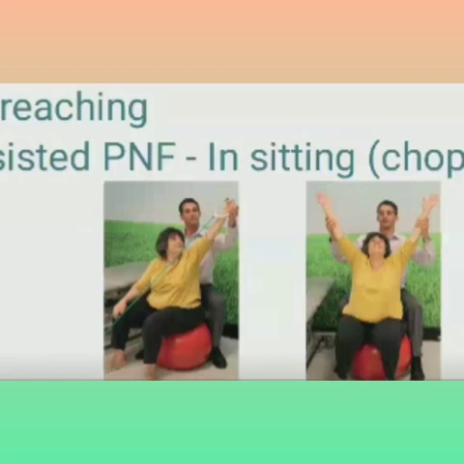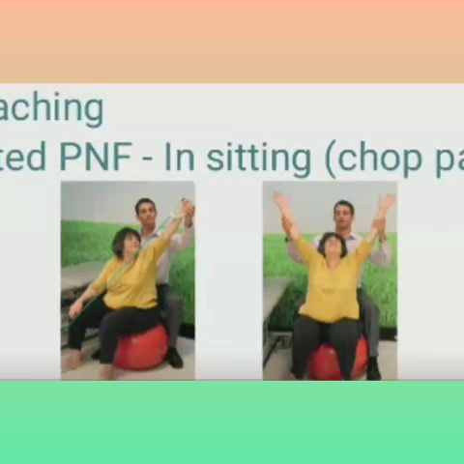In the other picture, you can see the therapist sitting back and giving resistance while the person is performing this bilateral movement. Both sides, they are crossing the hand. So this is called bilateral PNF. You can do those things also.